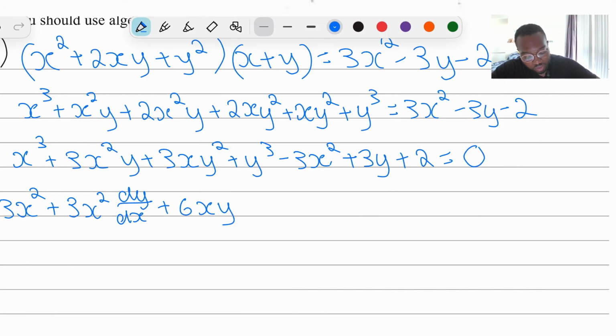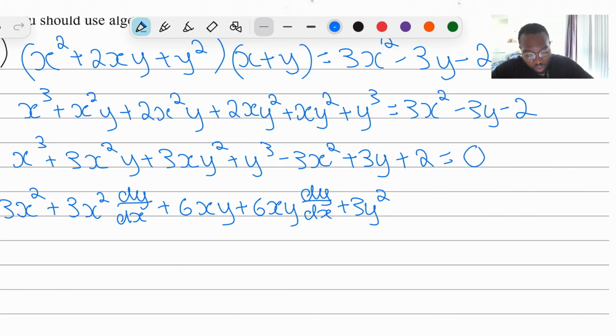And with the 3xy squared, what do we get? Well, we'd get a 3x times a 2y dy over dx. So we get a 6xy dy over dx, okay? And then we would differentiate that 3x, so we get just a 3y squared. Now, if you're unsure, you can always use the product rule with this to work it out.